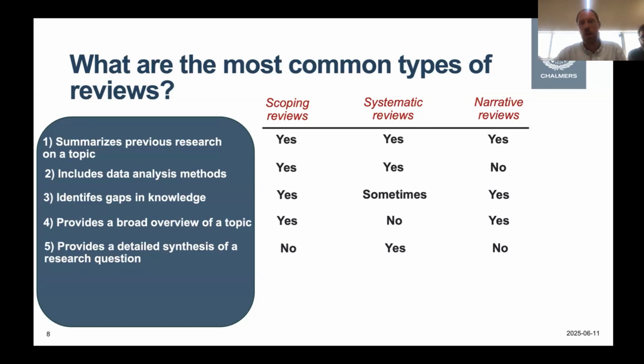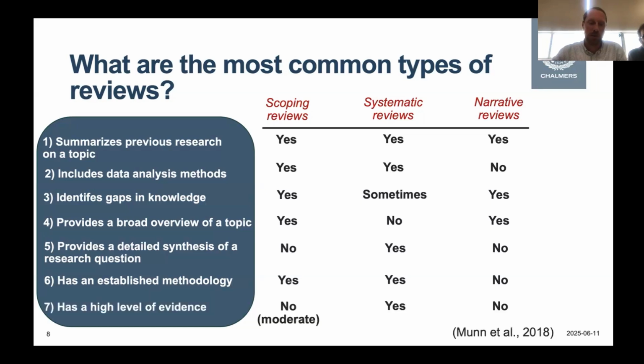When it comes to providing a broad overview of a topic, this is something that is generally required of a scoping and a narrative review, but the systematic review is supposed to be more narrow and more specific and not providing this broad overview. When it comes to providing a detailed synthesis of a research question, then we have the opposite, that the scoping and narrative review generally do not provide a detailed synthesis, while a systematic review is really focusing on providing a synthesis of a research question. And when it comes to having an established methodology, this is considered needed for both scoping and systematic reviews, but not for narrative reviews.